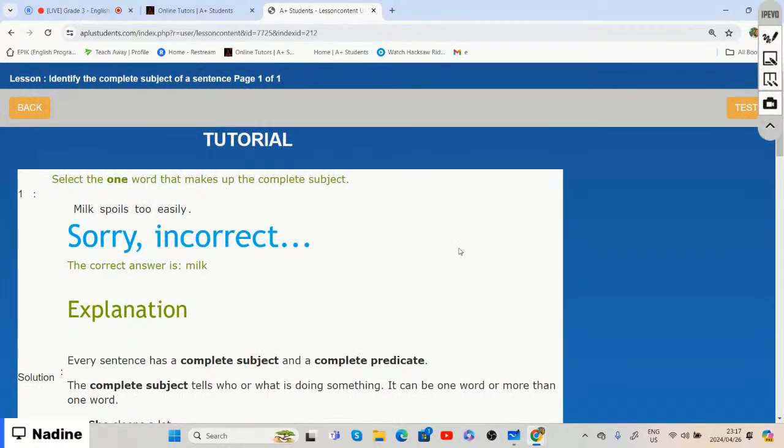So one word that makes up a complete subject. And our sentence is milk spoils too easily. So milk spoils too easily. We need to select the one word that makes a complete subject, a subject.